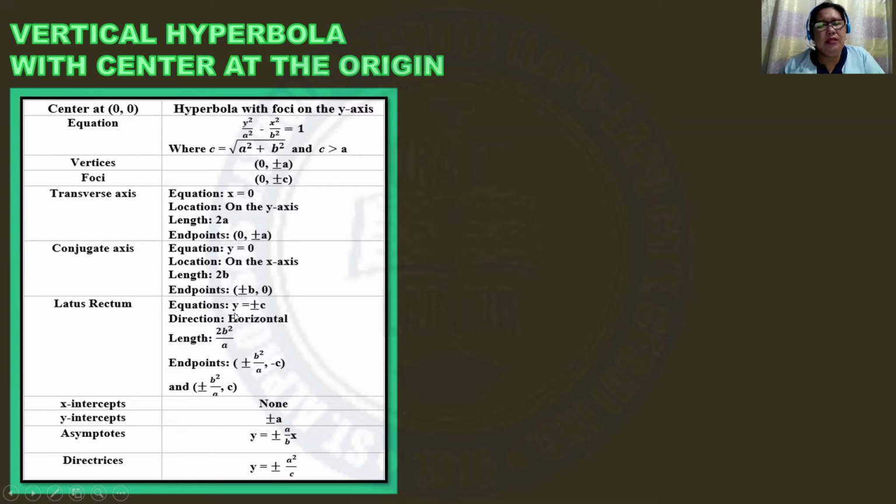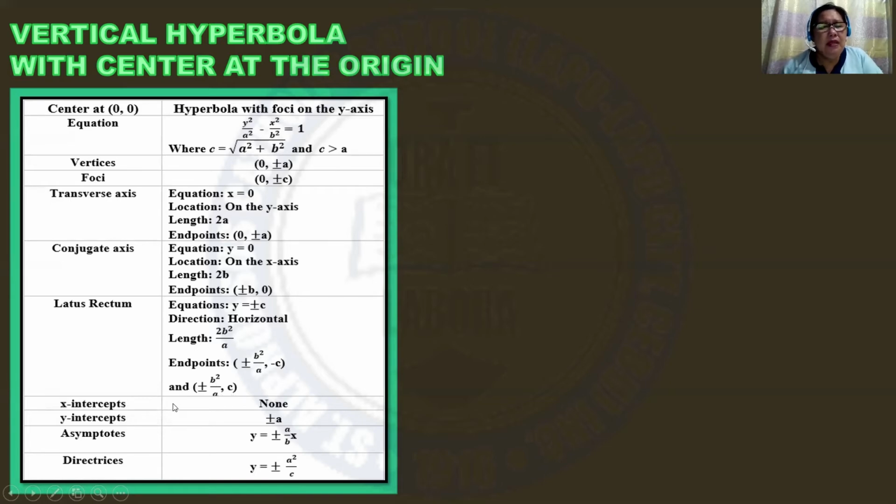For the latus rectum, y is equal to positive, negative c. Direction is horizontal. The length of the latus rectum is the same, 2b squared over a. Endpoints: positive, negative b squared over a with negative c, and the other one is positive, negative b squared over a with positive c.